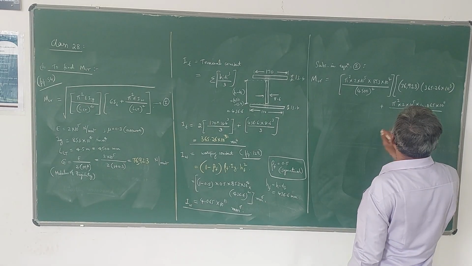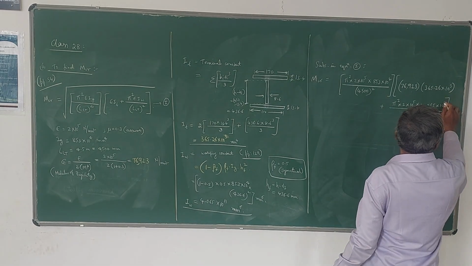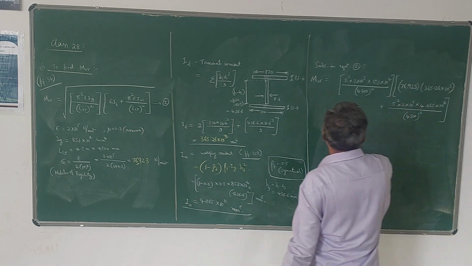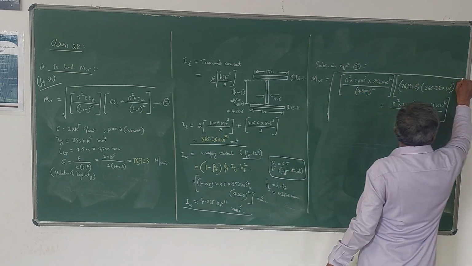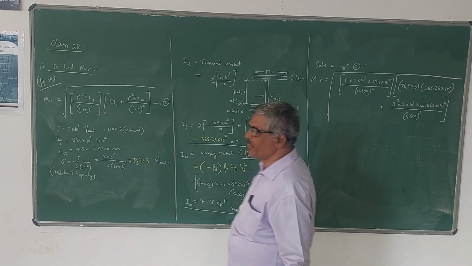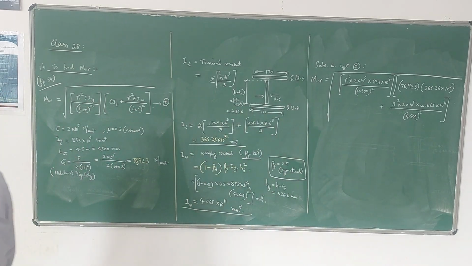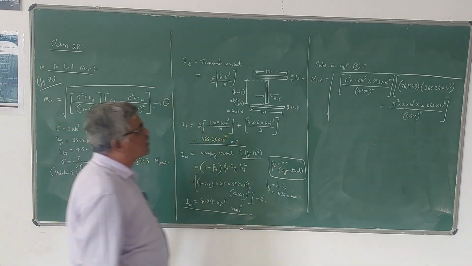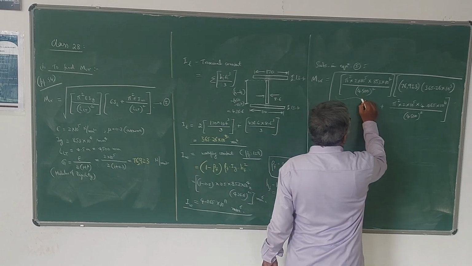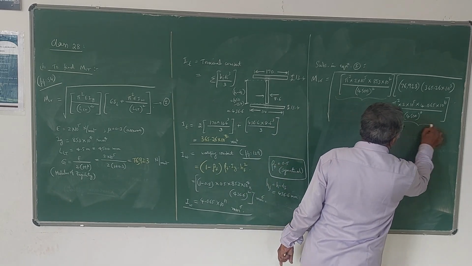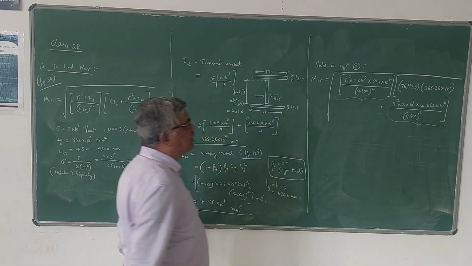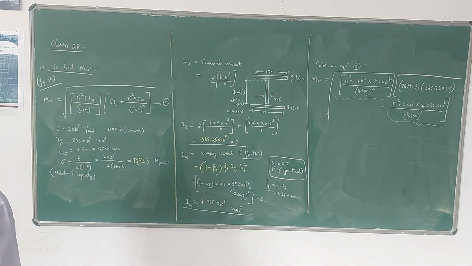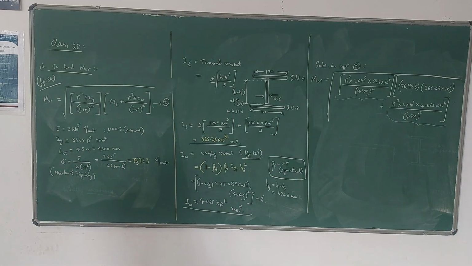So this entire thing we have to take the square. Do it carefully. There are two terms there. You can take this as one term and this as second term. You can find it separately and then multiply. You will get the final answer MCR.